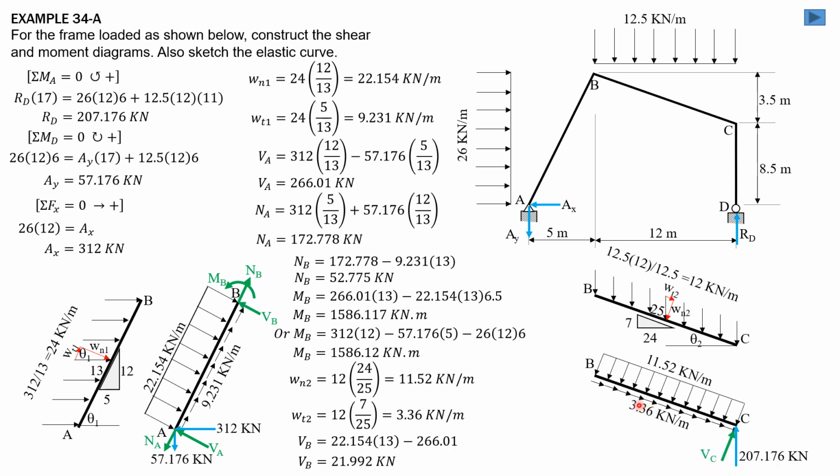Then here we have RD, which is 207.176 kilonewtons. Then let's resolve this into normal and shear. So V sub C, we have N sub CB, then here we have NBC, then shear BC. Let's have it on the next slide because we ran out of space here. So let's continue.